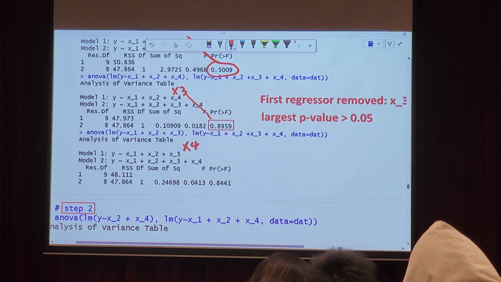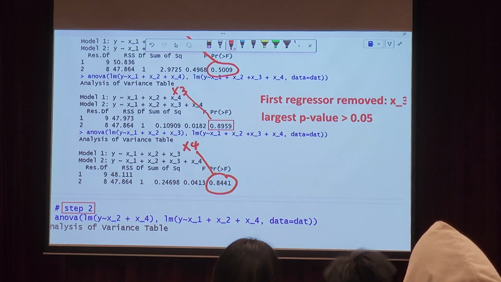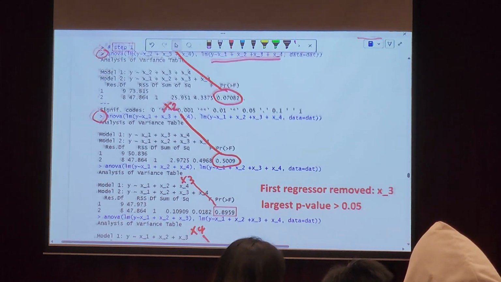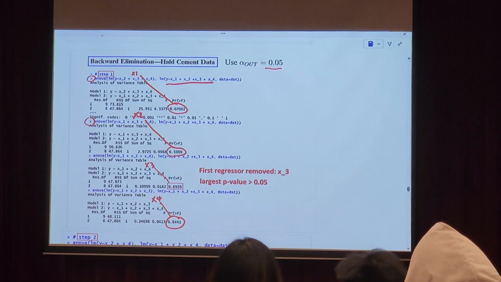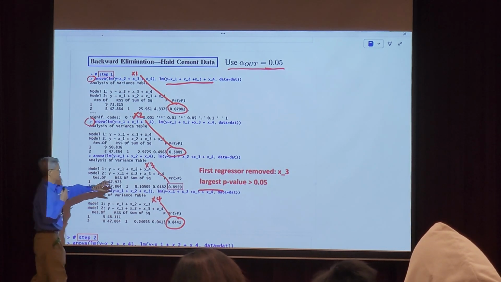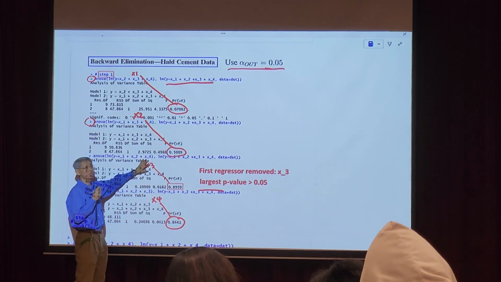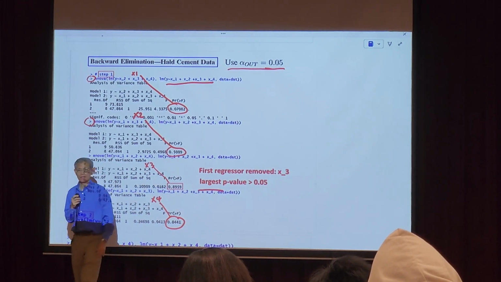This x4, this is a p-value, also quite large. In fact, all 4 of them can be kicked out by this criterion. So we choose the one with the largest p-value. We know x3 is the most useless one, so kick it out because it produces the largest p-value.